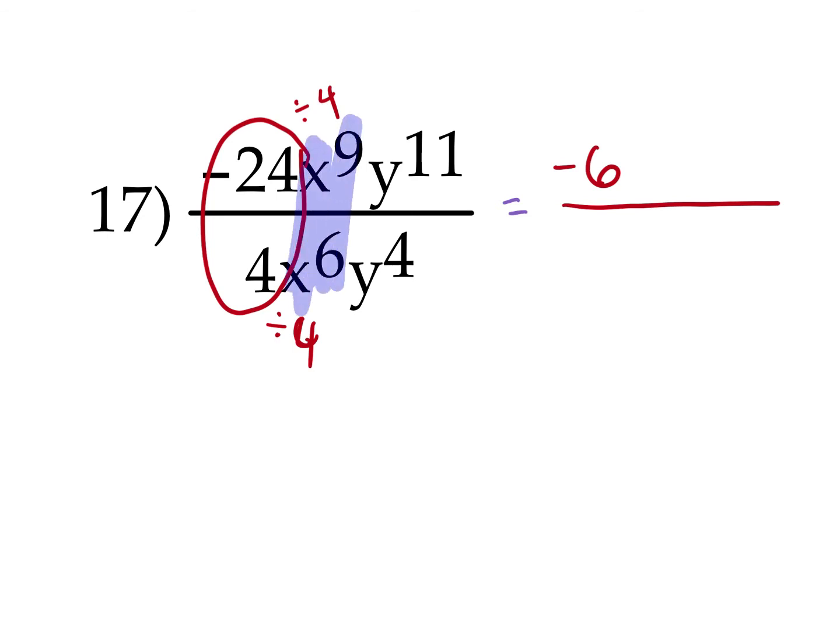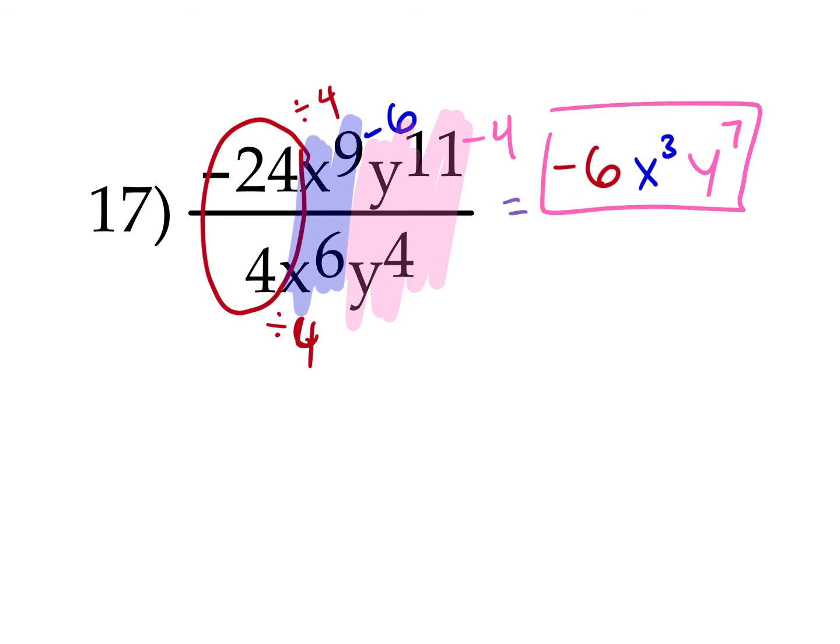Subtract the exponents. So 9 minus 6 is what? So x to the third power. And then what do I do with the y's? Subtract them. So it'd be 11 minus 4. So y to the 7th power. I don't have anything on the bottom, so I can erase my division sign there. So it's just negative 6, x to the third power, y to the 7th power.